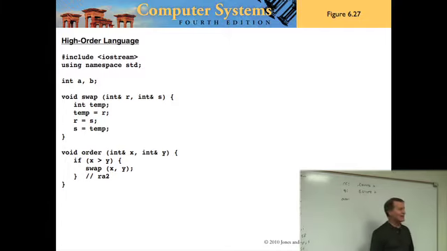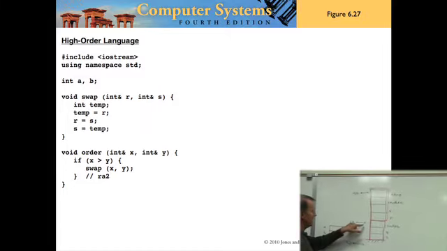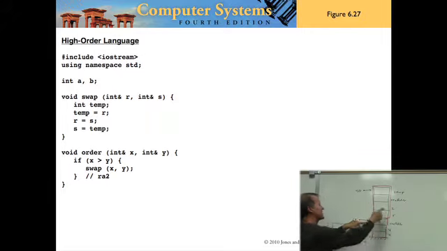Okay, so the stack pointer is here, right? Now we have to call this function. So we have to put something in R and something in S. R is at -2 and S is at -4 compared to where the stack is now.